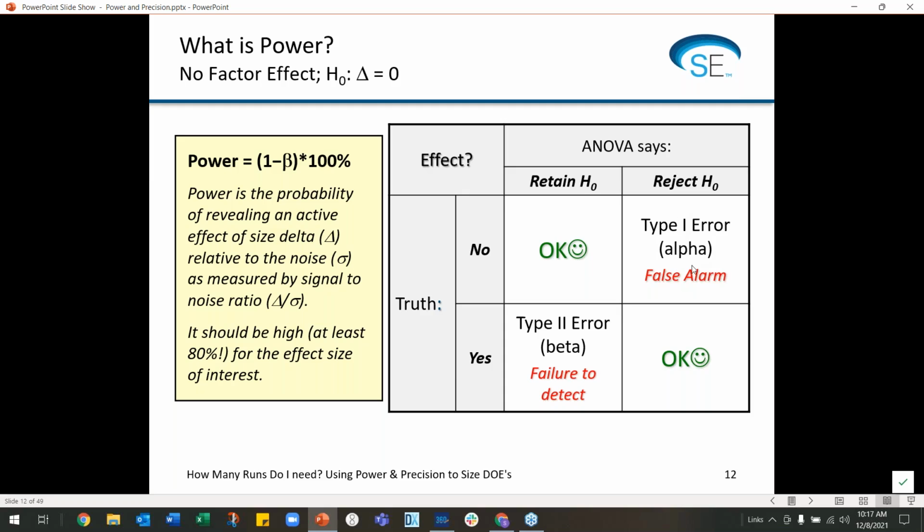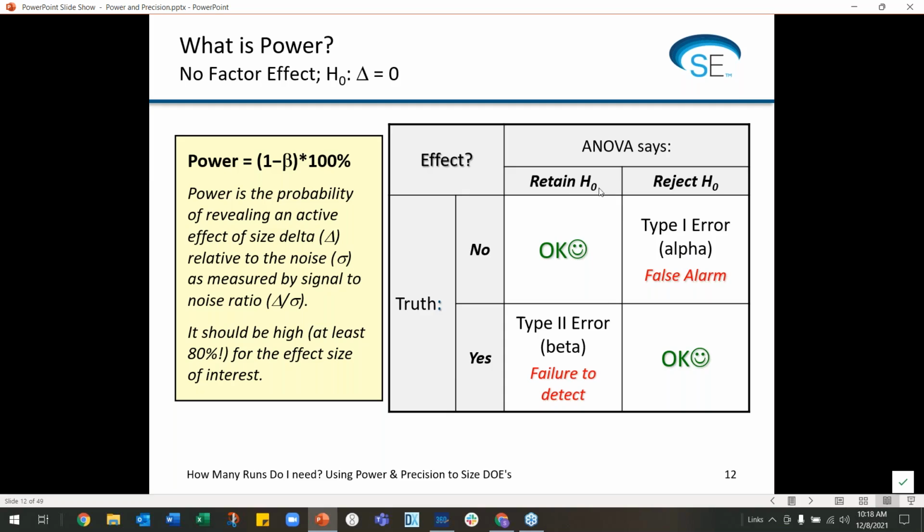So this is the alpha risk. The opposite of an alpha risk is your confidence. So when we say, let's say we get an alpha value of 0.01, then we might say that we have 99% confidence that that's a significant effect. It's not an exact statement, but it's similar.